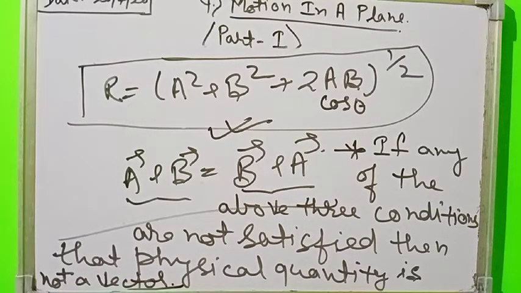Means any physical quantity should be a vector if it satisfies the first condition, that it has a specified direction along with the magnitude, it obeys the parallelogram law of vector addition, and the sum of the vectors is commutative.